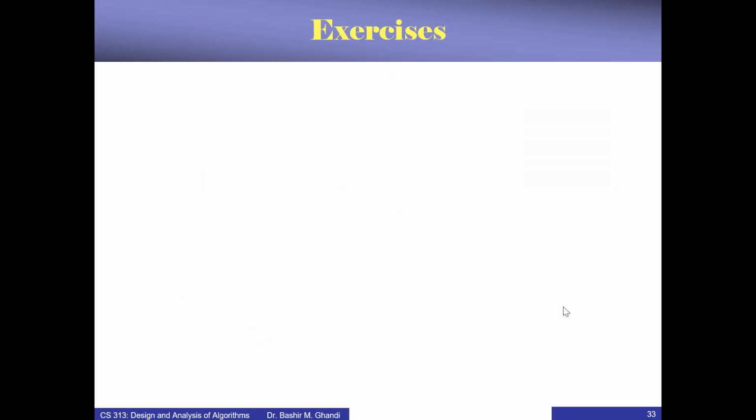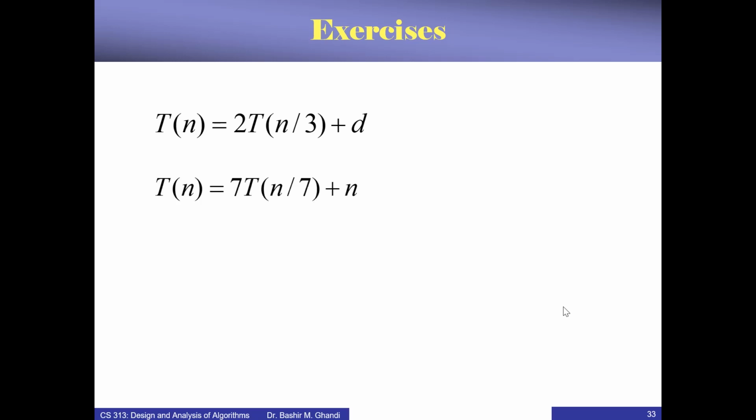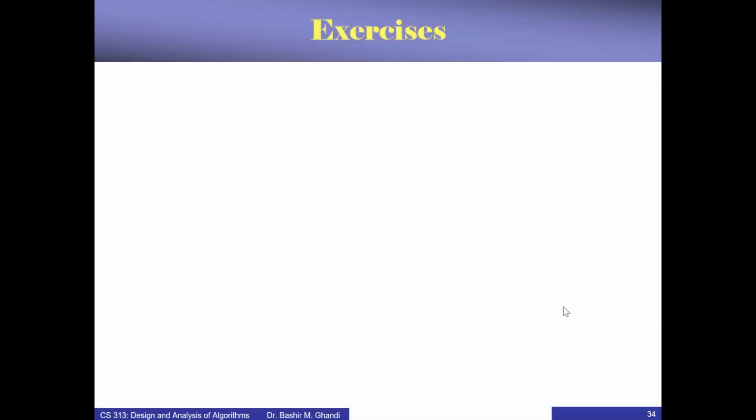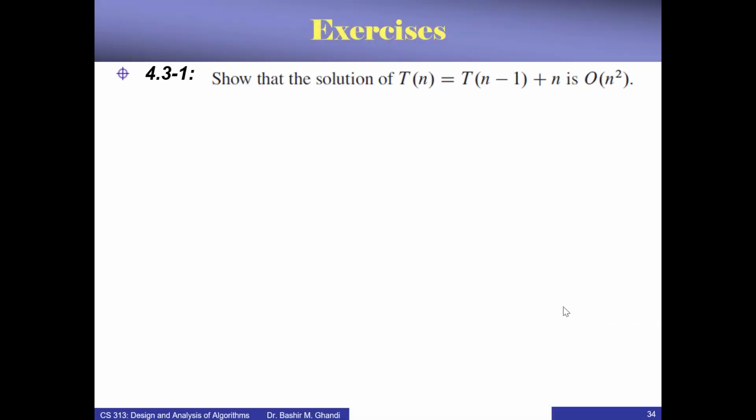These are exercises for you to try. T(n) equal to 2 T(n over 3), T(n) equal to 7 T(n over 7) plus n, T(n) equal to 8 T(n over 2) plus n cubed. These are directly from the book actually.